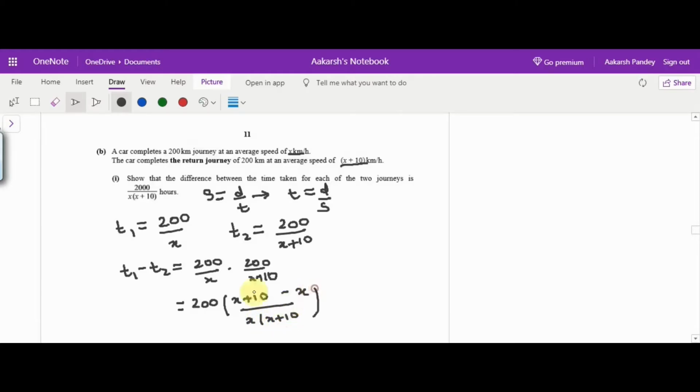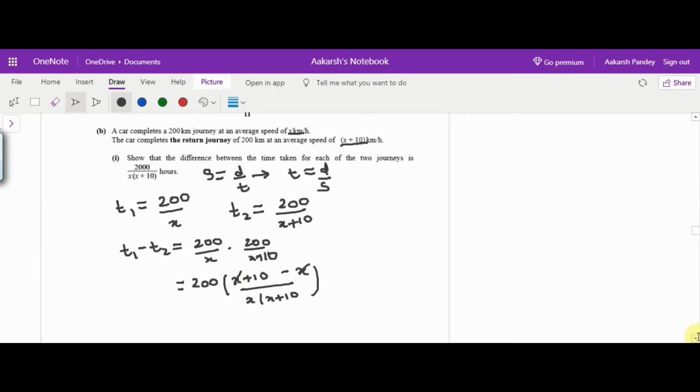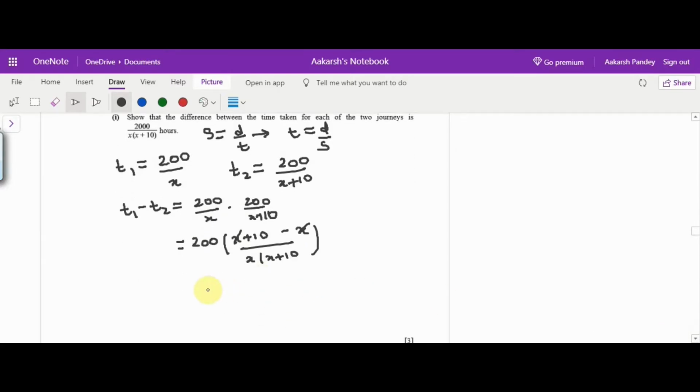When we take LCM, what I did is I multiplied x plus 10 over here and x over here. Now in the denominator I'll have both x and x plus 10. So this plus x and minus x gets cancelled. So in the numerator what I have remaining is 2000 by x into x plus 10.